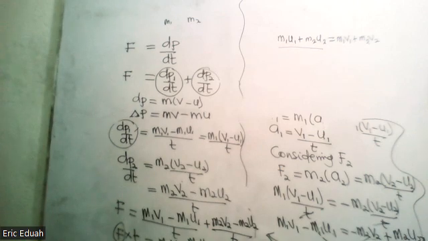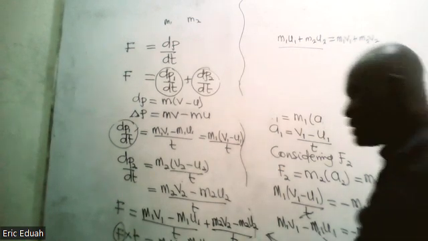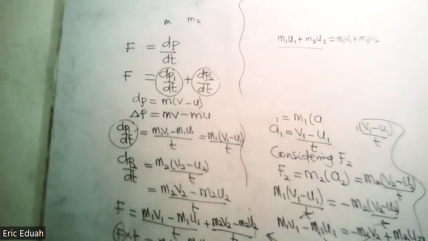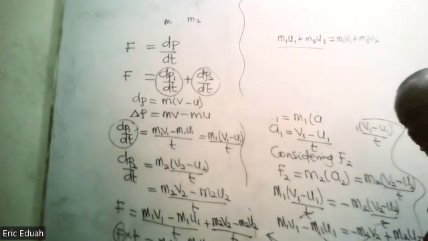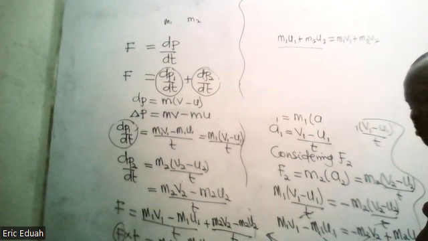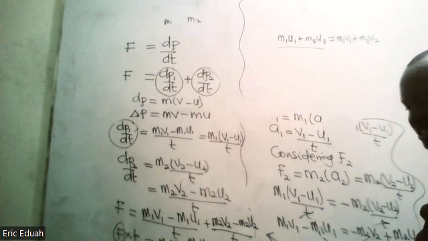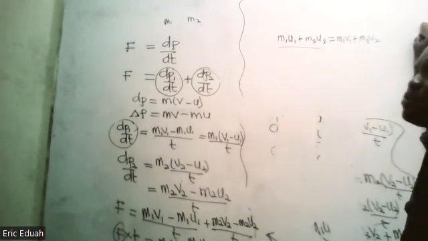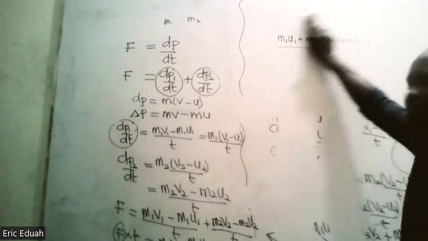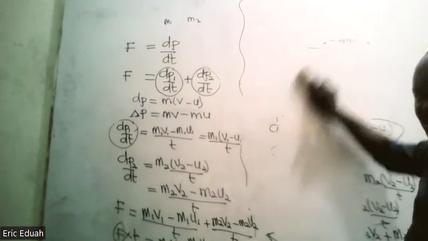Okay. Then D. The D question is saying that two particles, in the diagram below, a body A traveling with a velocity UA collides perfectly elastically with another body B initially at rest. This is actually a WASSCE 2021 physics question, which was modified a little bit.